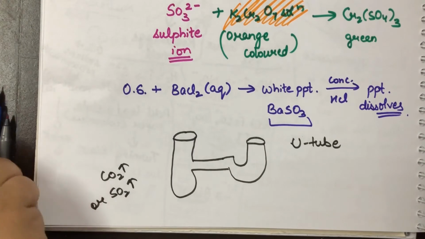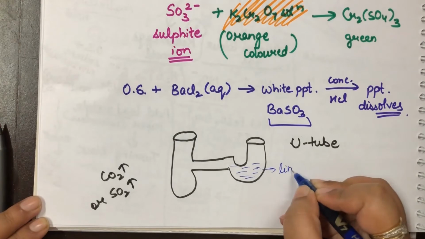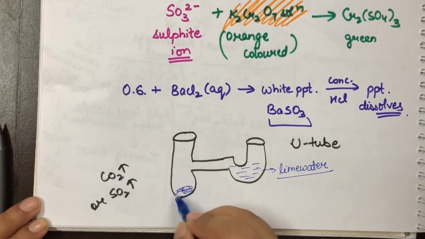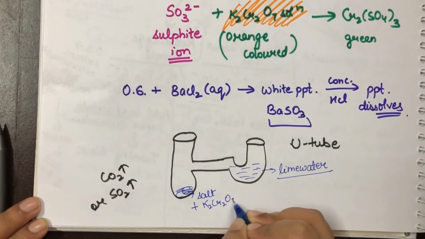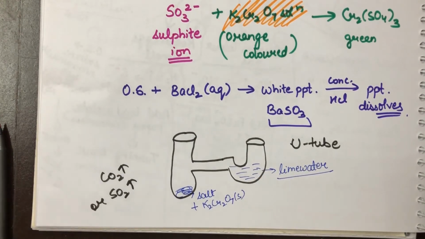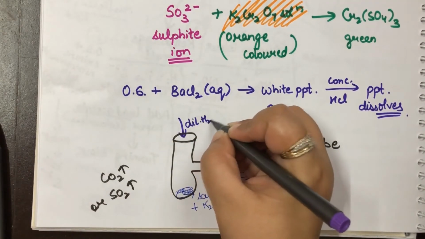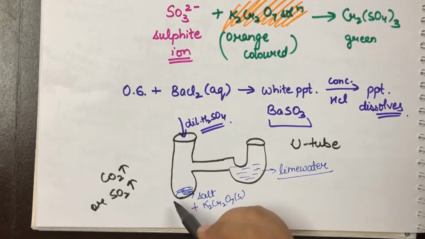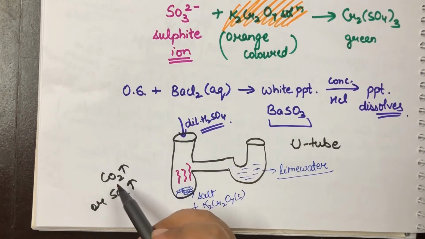Now what is to be done here is you will be taking lime water on this side of the U-tube, and here you will be adding salt plus K2Cr2O7 in the solid form, just a pinch of potassium dichromate. Now from the top you will add dilute sulfuric acid. Now you added dilute sulfuric acid, we know that the salt would have released the gas, either carbon dioxide or sulfur dioxide.